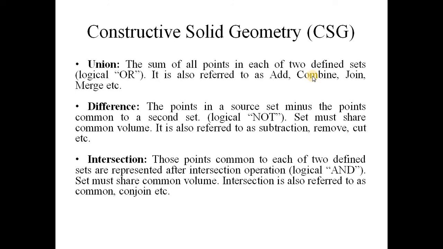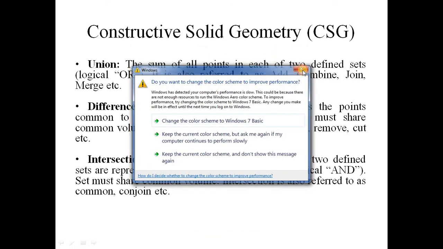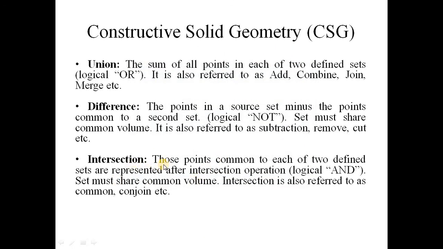When two objects are to be combined together, then you have to use the union Boolean operation. When one object or some portion of the object has to be removed, then the difference Boolean operation is used. And when the common portion between the two objects is to be constructed, then you have to use intersection. I will explain these Boolean operations by taking one example.